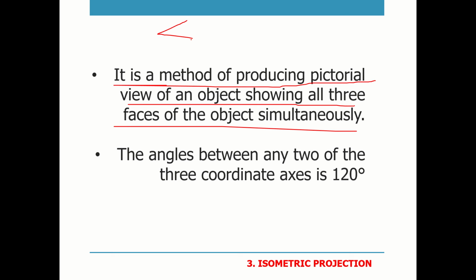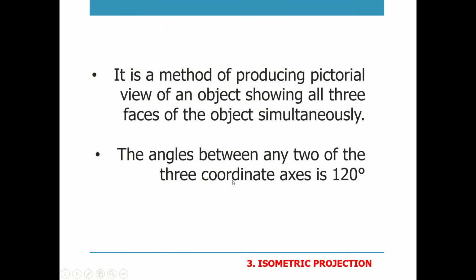Maybe let's say, for example, if I draw it here, sorry, I'll just erase all this. Here it shows all 3 faces. Like we said, it can be the front, top, and the right hand side view, or it can be the other way: front, top, left hand side view.